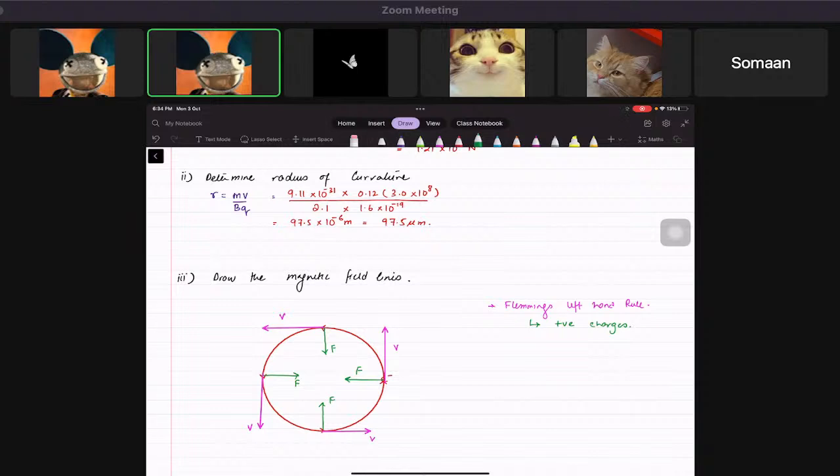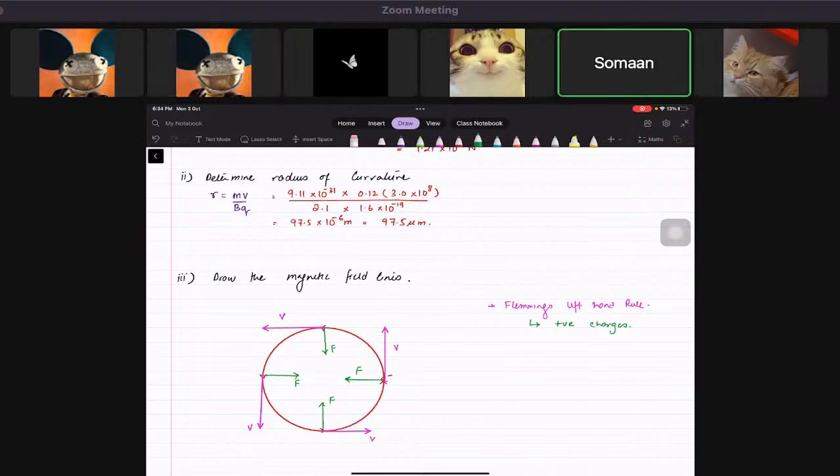Can you please tell me where the magnetic field lines are going to be? Please use Fleming's left hand rule. Into the page? Into the page.